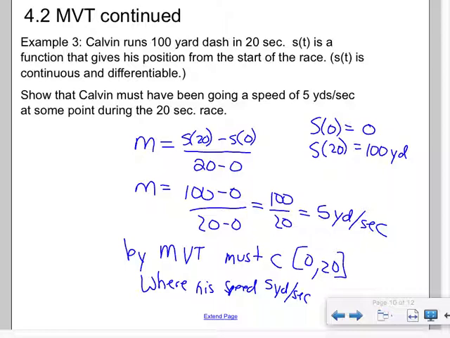And if it's a continuous differentiable function on that interval, whatever the slope is between those 2 points, there must be a C somewhere in there that matches that same slope, that same rate. And so in this particular case, it was 5. So we are guaranteed by the mean value theorem that he was going that instantaneous rate of speed of 5 somewhere at some C.